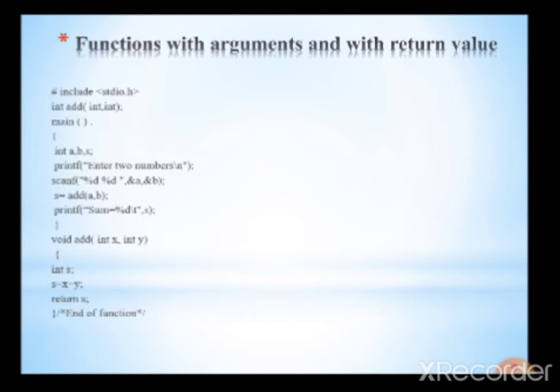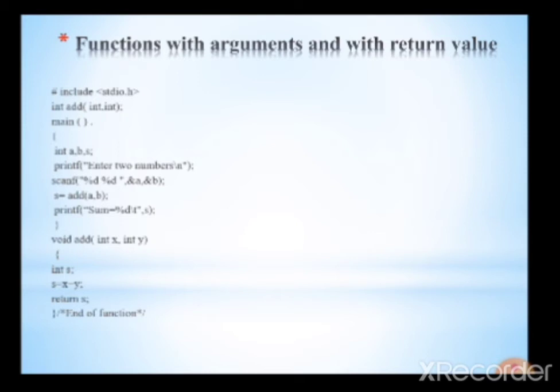The same add function is written like this. We have an integer return value, the function name, and two integer values are passed to the function definition. So we have to input the values and print the result in the calling function itself.